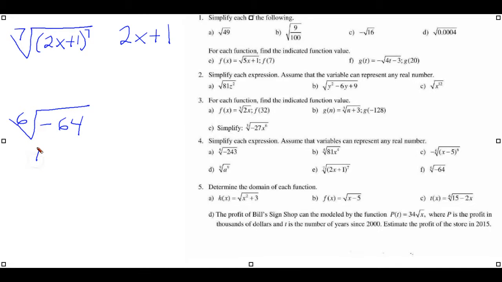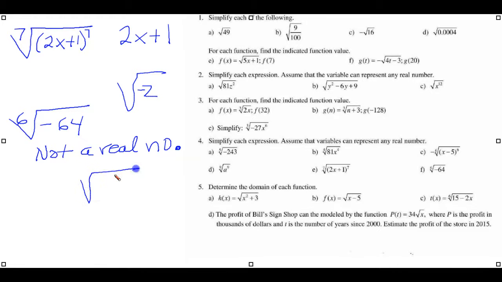So we say it's not a real number. So if you had the square root of a negative 2, there would be no numbers that you could multiply together and get a negative 2. By multiplying, it has to be the same sign. So that's not a real number.